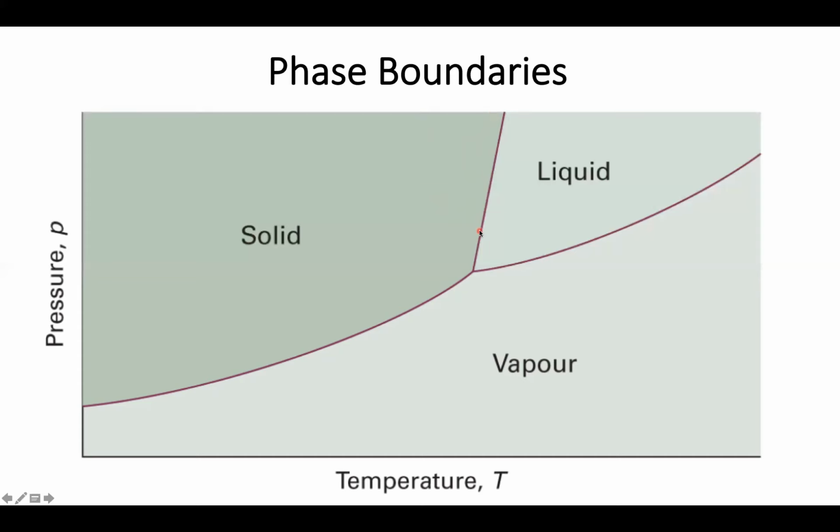However, watch out for the notable exceptions, because sometimes we're going to see a negative line here as the liquid is going to be more dense than the solid, the most notable case there being ice.